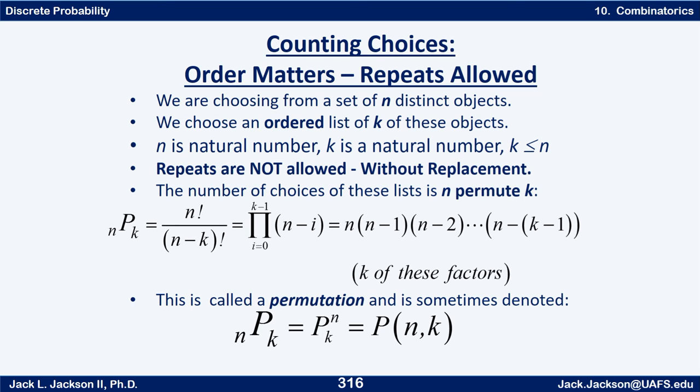And so the number of choices is n permute k, which we can do on our calculator. That's called a permutation. Notice that order matters.